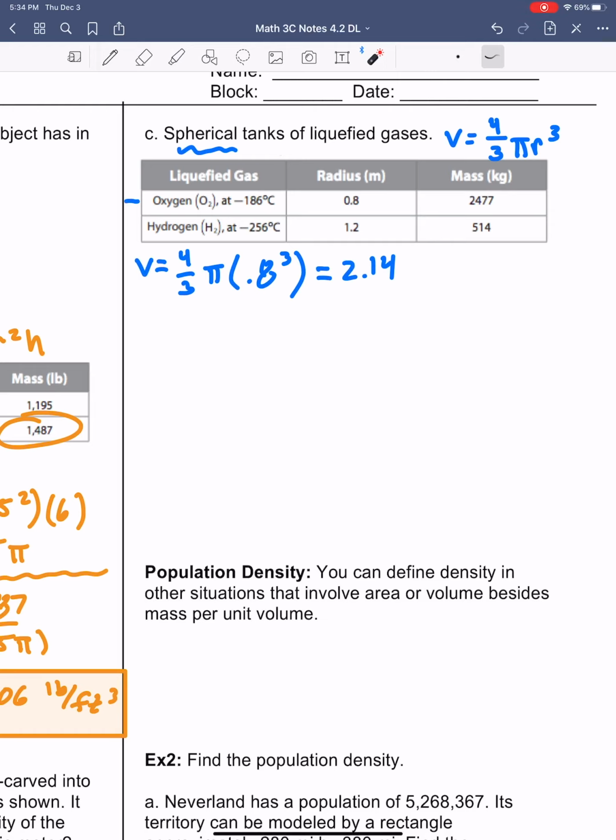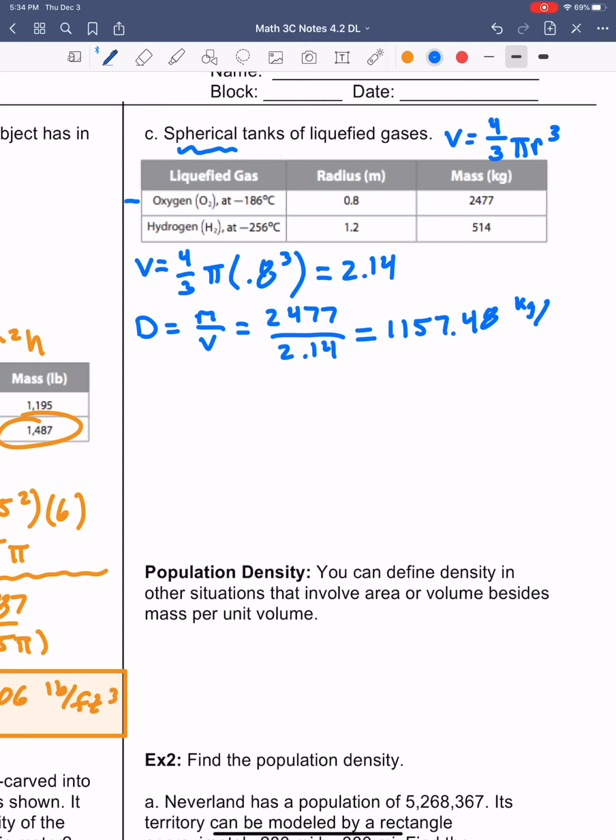And so then I can go ahead and find the density here. So D equals, remember it's mass over volume, and we have a mass of 2,477 divided by the volume of 2.14, and we get our density of 1,157.48, and these are kilograms per cubic meter again.